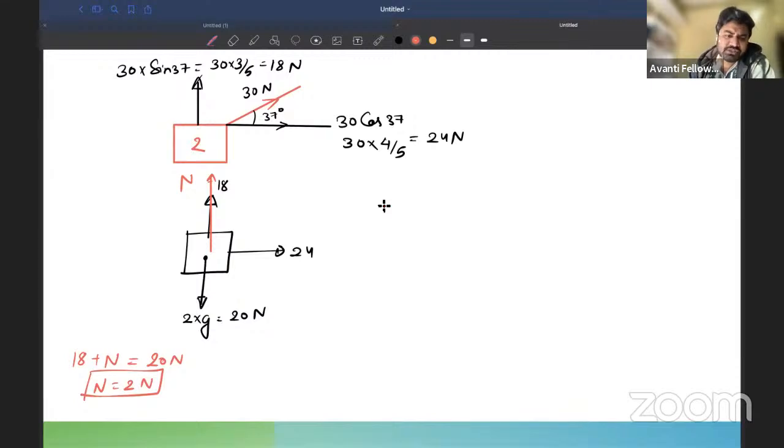So let me check, okay, if this block moves or not, right? So first of all, for finding that block will move or not, we have to calculate that how much is the friction, maximum limiting friction force. Okay. So if I talk about frictional force limiting, that is equal to mu into n. Hold for a second.